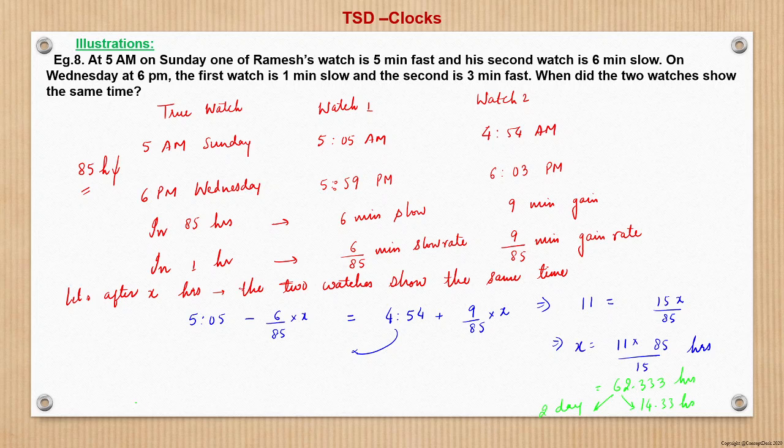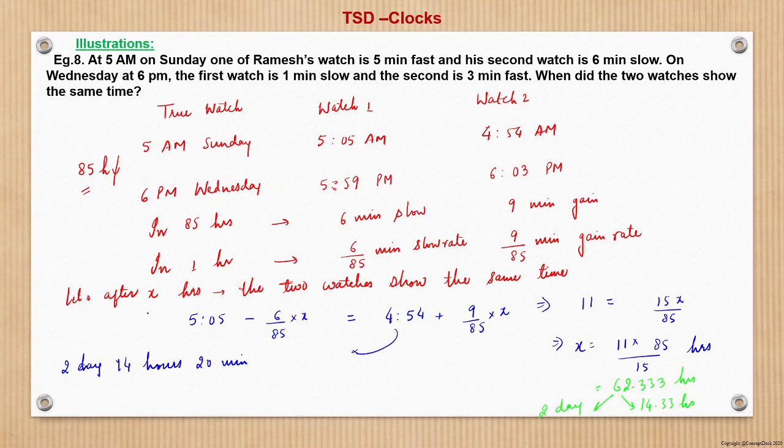This can be written as 2 days, 14 hours, and 0.33 hours means 20 minutes.